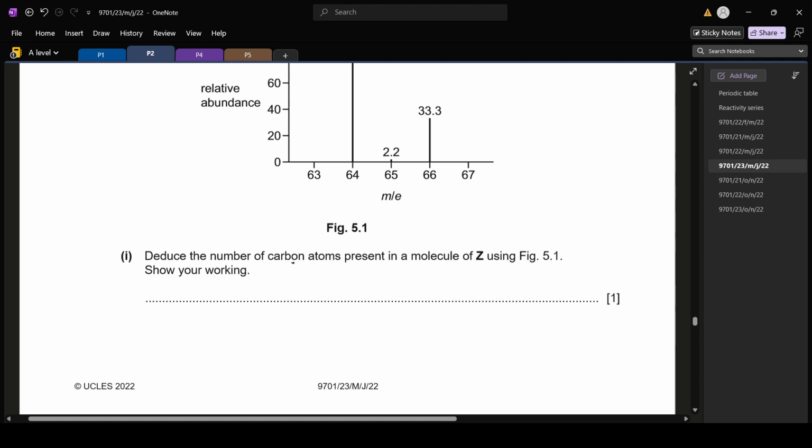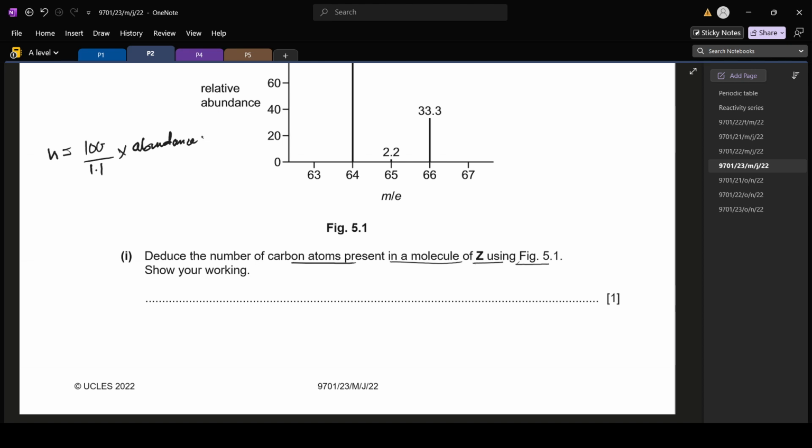Deduce the number of carbon atoms present in a molecule of Z using Figure 5.1. Show your working. The number of carbon atoms is deduced from a formula which you have to remember: N equals 100 upon 1.1 multiplied by the abundance of the M plus 1 peak, divided by the abundance of the M peak.